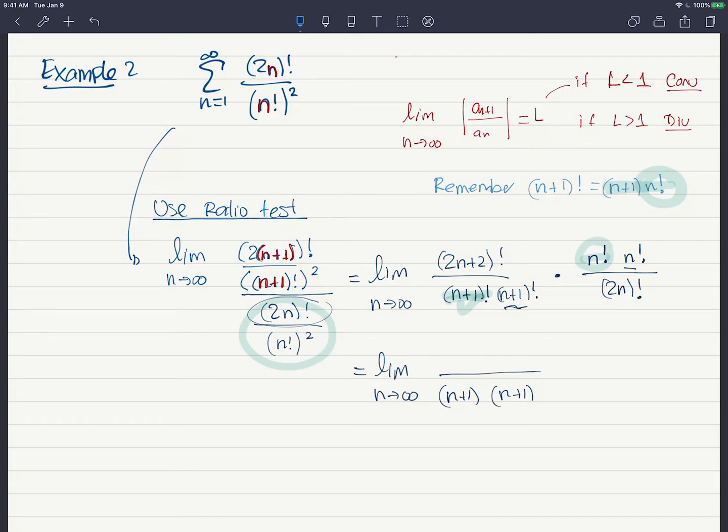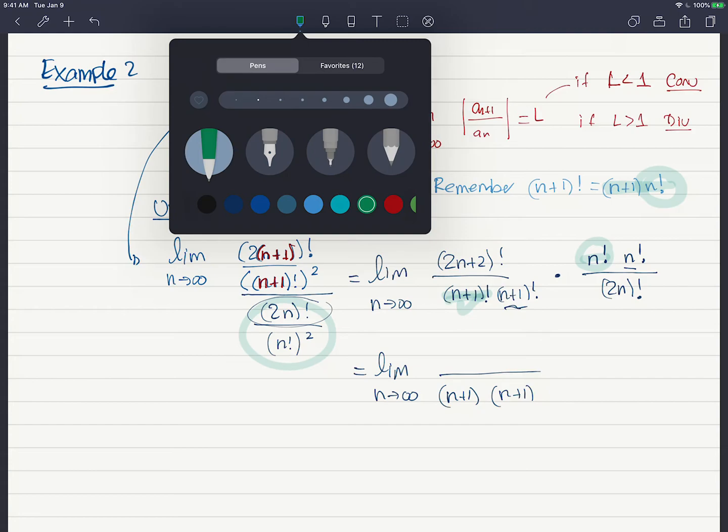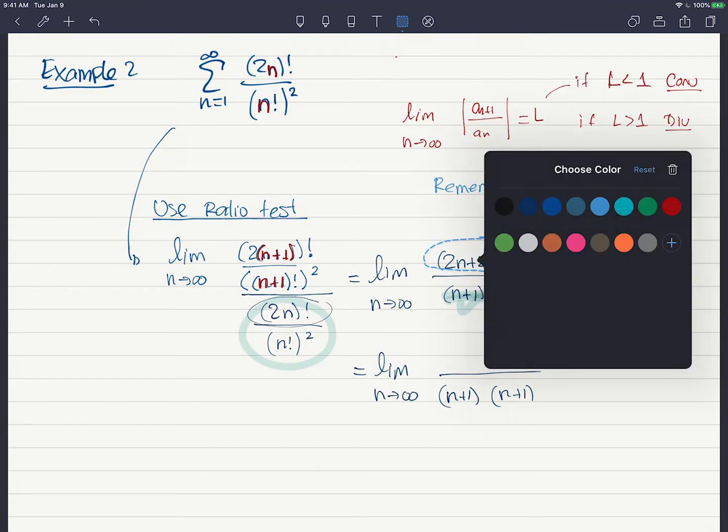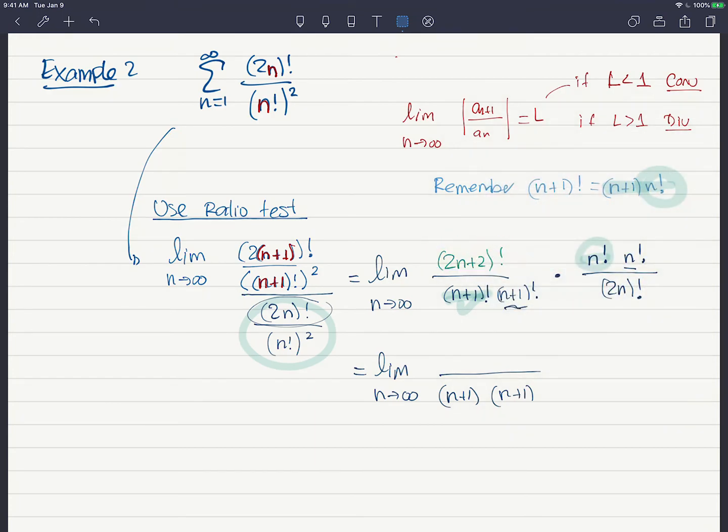Now, in the top, I'm going to write a little bit more. The 2n plus 2 factorial, this term that's green now, it really is 2n plus 2 times 2n plus 1 times 2n, and keep going until I can write 2n factorial, correct?